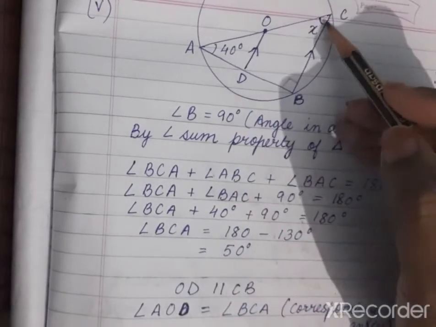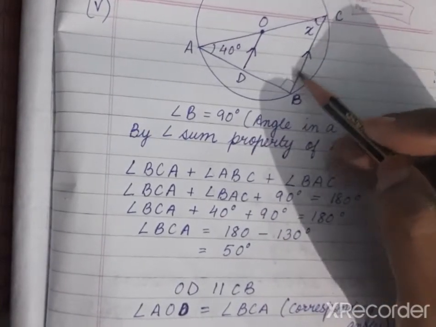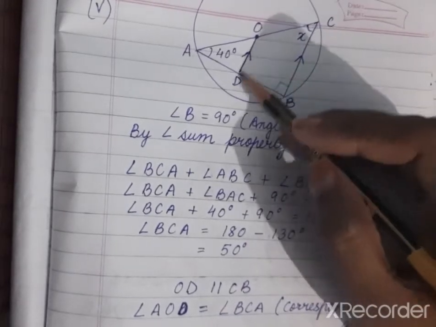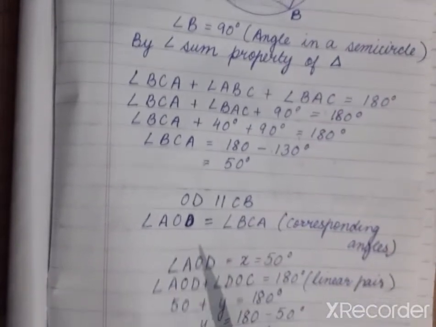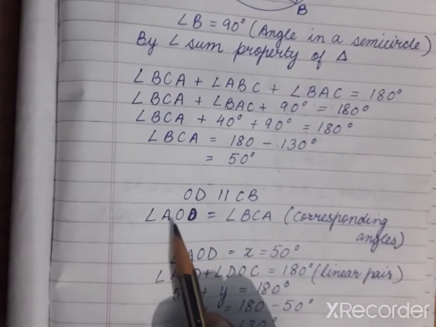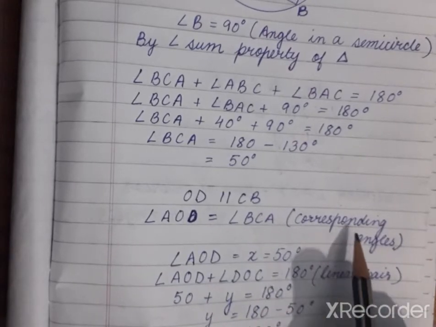Now here you can see two arrows are given, meaning CB is parallel to OD. CB is parallel to OD, therefore we can say that angle AOD is equal to angle BCA, that is corresponding angle.